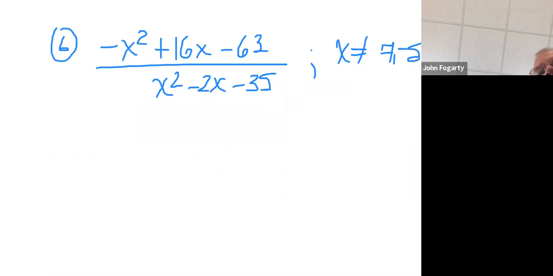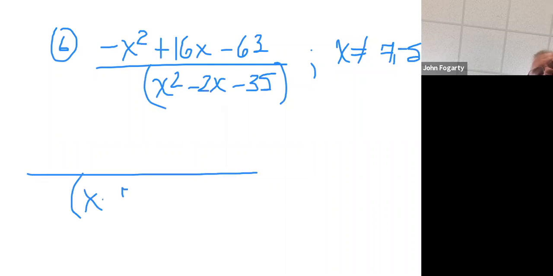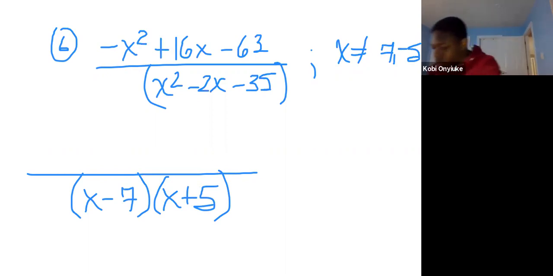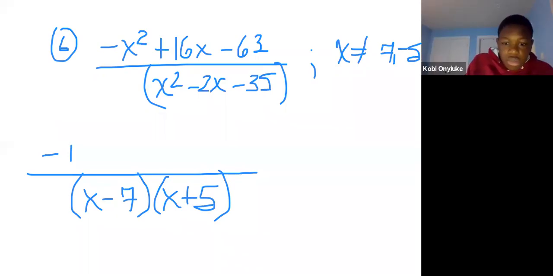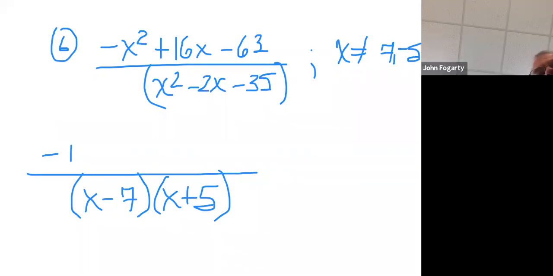All right, so now we're going to simplify. Well, we already factored this, right? So we got x minus 7 times x plus 5. Hey, fellas, what do you think might be in the numerator? I think either x minus 7 or x plus 5 might be in my numerator, right? Hey, what are you going to do first? Let's change all the signs. Yeah, I just factored out a negative 1, right?